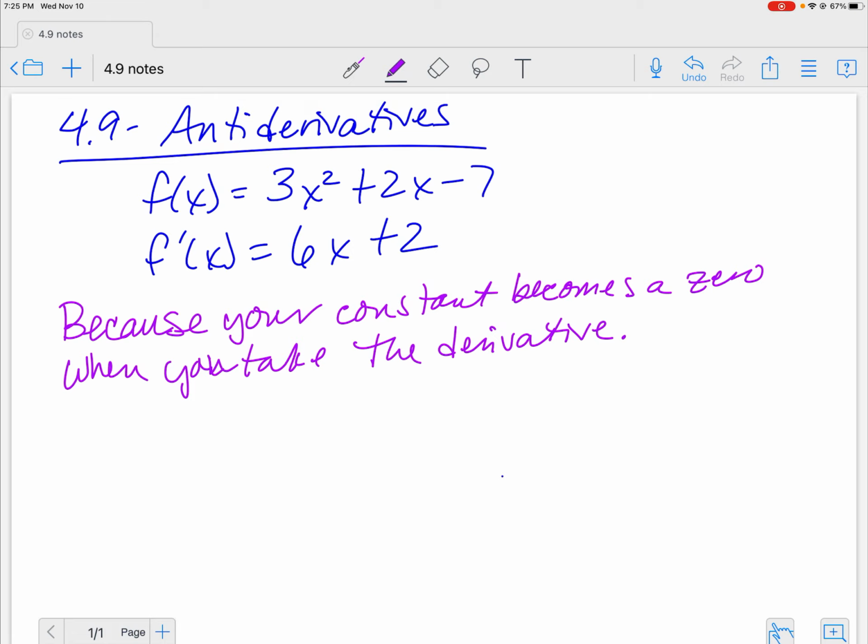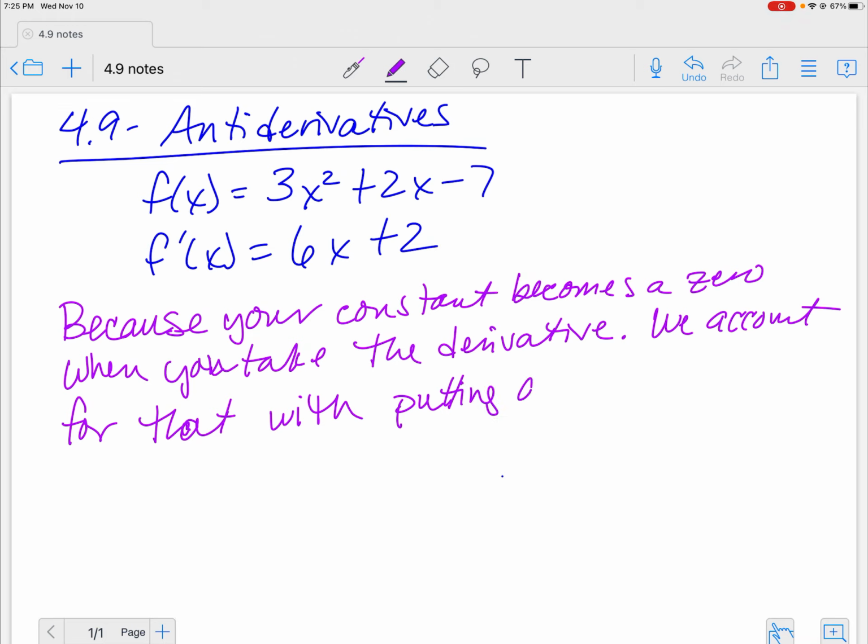Because I don't know what my original function is, right? I don't know what's going on there. So we account for that with putting a plus c at the end.